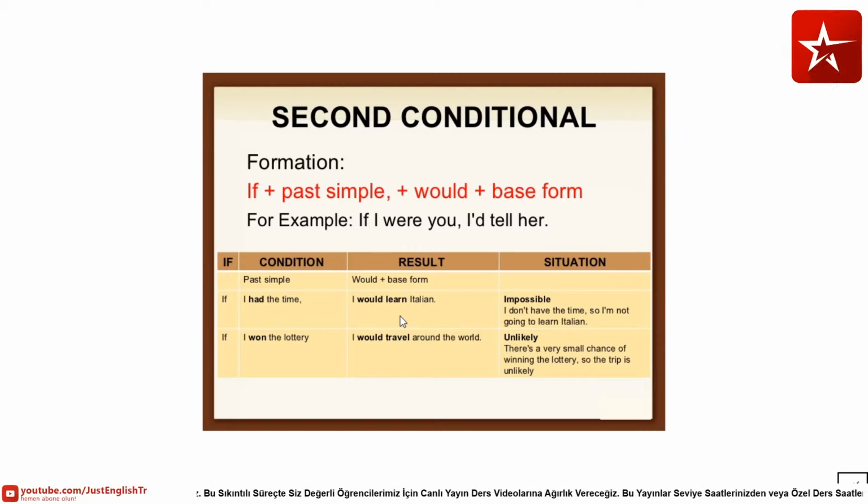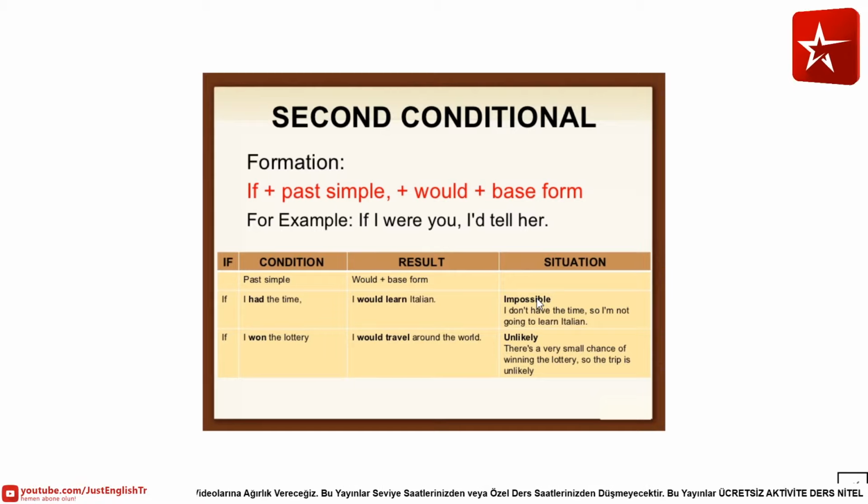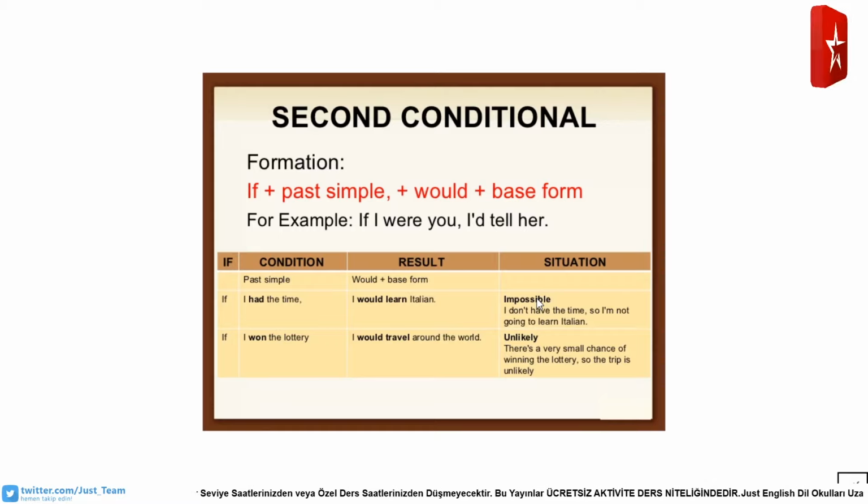Or if I had the time, I would go to different countries. So if we are talking about something impossible, unreal situations, it's a hypothetical situation. Something is not real. Keep in your mind, it's not real.